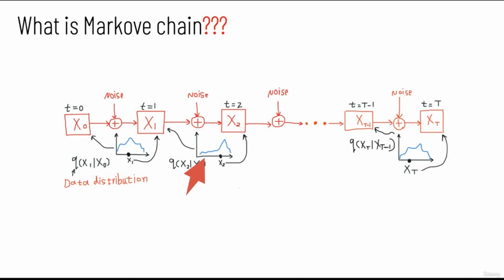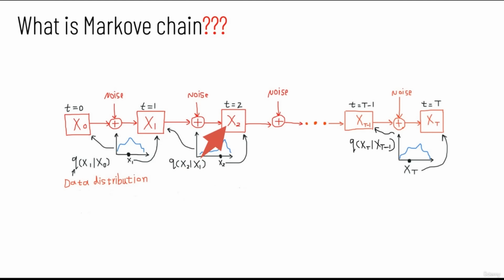And this distribution will just depend on the previous variable, which is x1. So by knowing the value of x1, we will be able to create this distribution that we will use to get the value of x2 variable.